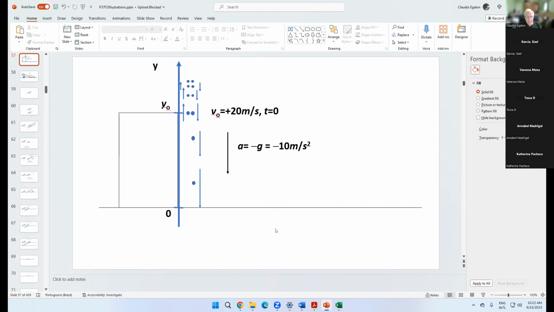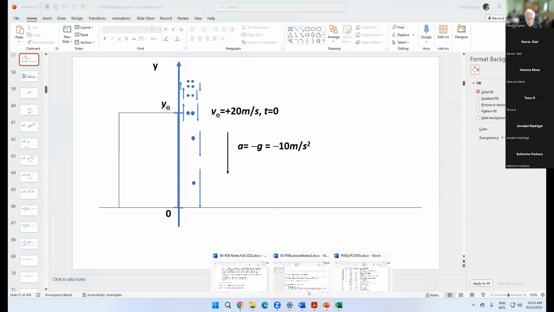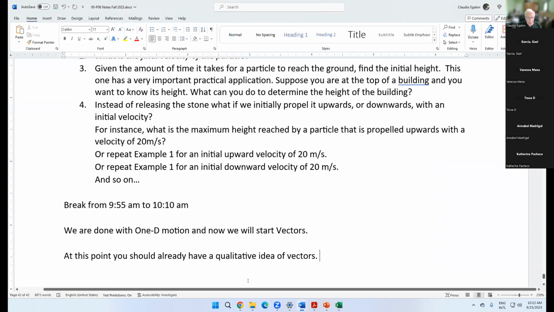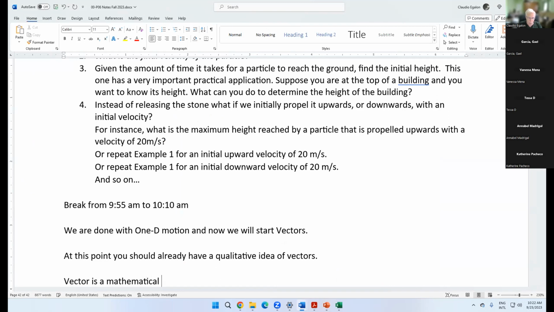And vector is a mathematical quantity. Let's write that down here first. Okay, vector is a mathematical tool used to solve many real life problems in a much simpler way.